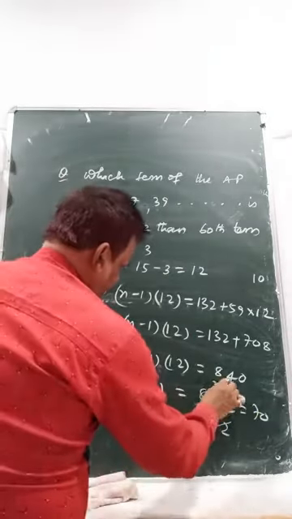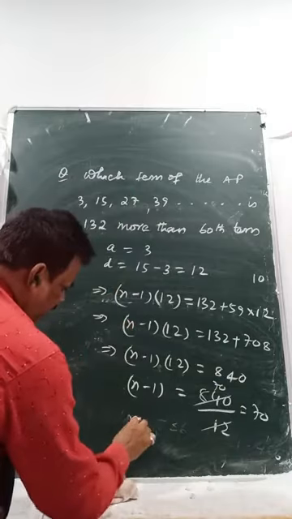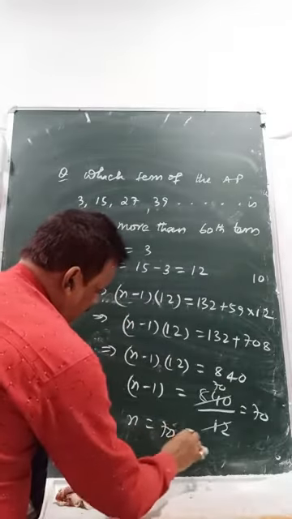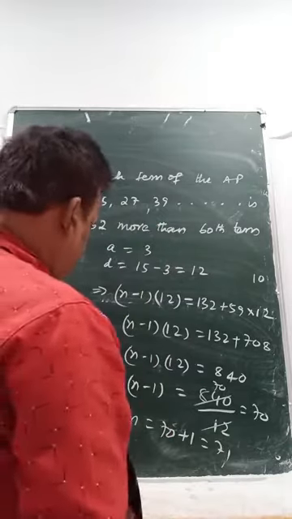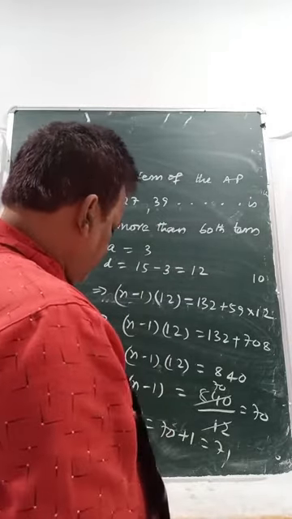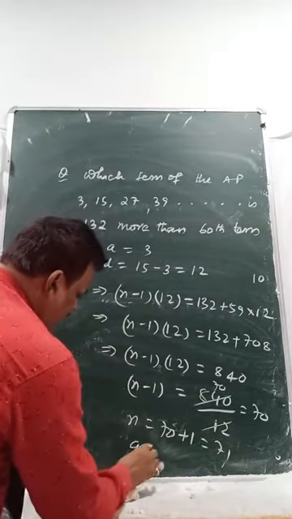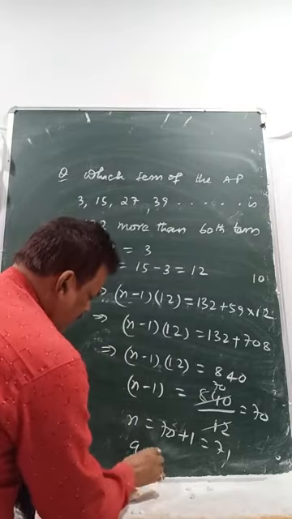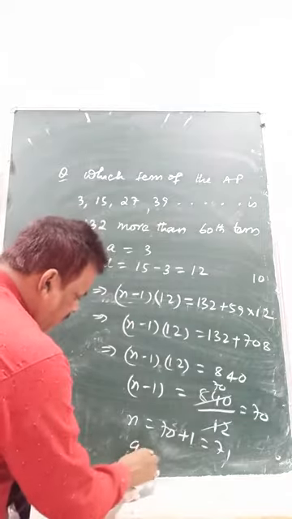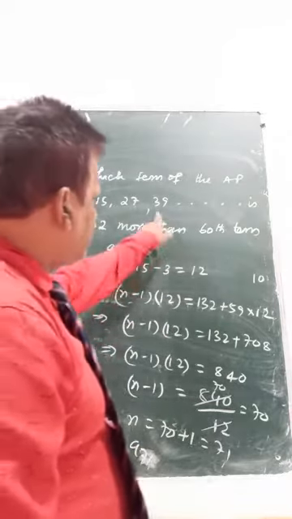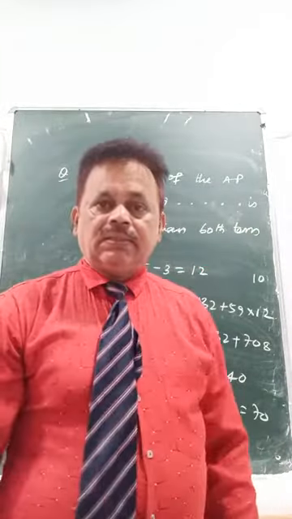Okay. So n equals 70 plus 1, that is 71. That means A71 is 132 more than the 68th term.